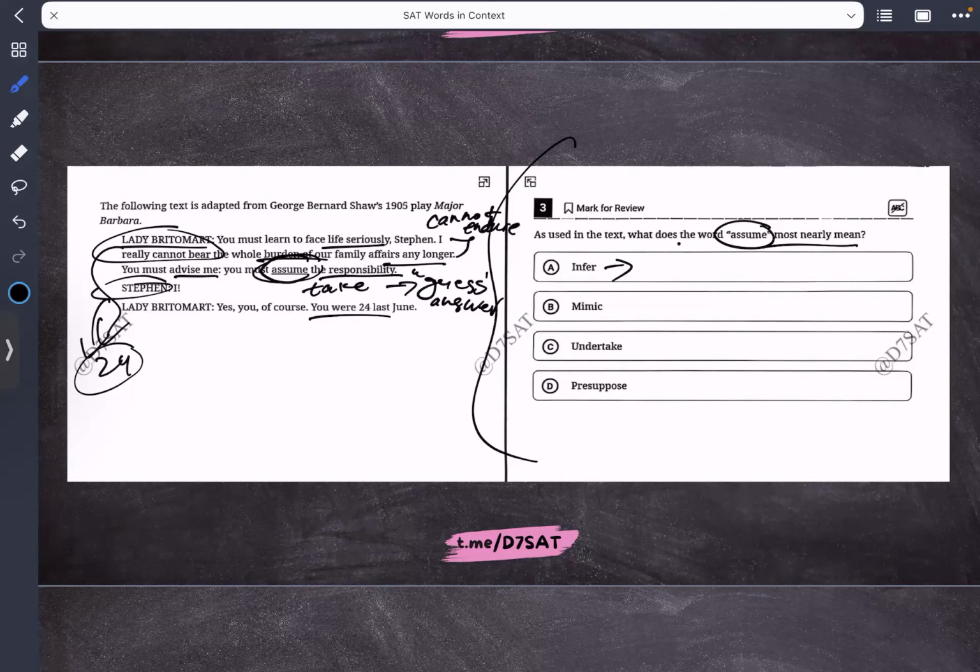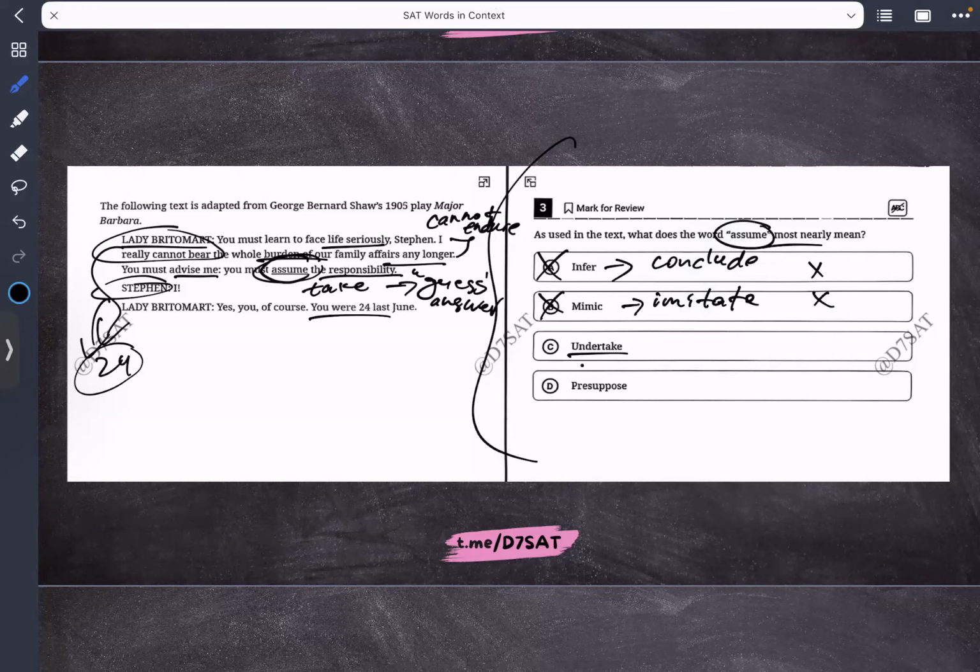"Infer" is more about inference, maybe concluding. "Conclude the responsibility" doesn't make sense, so it's out. "Mimic" means imitate, so it's also out. It doesn't match. "Undertake" may be related to "take": undertake the responsibility, a different form of it.